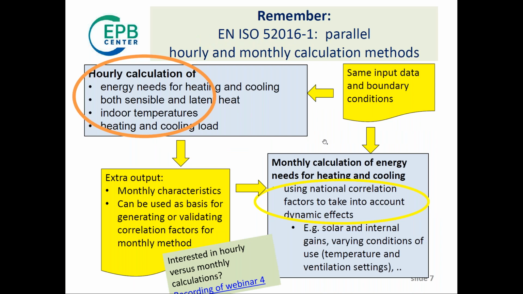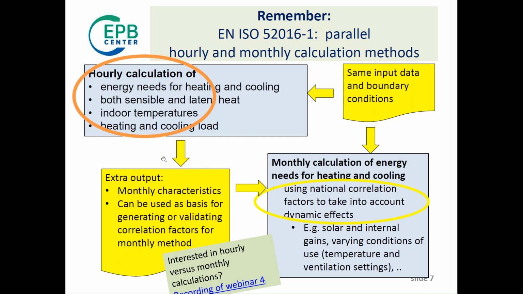So you've probably seen this slide several times before if you are participating in these webinars for some time. I just want to show it again because it is important to realize that the energy needs calculation according to this standard contains both the hourly and the monthly calculation method, and in the spreadsheet that is developed to demonstrate the calculation procedures in the standard, we have both the hourly and the monthly calculation method running in parallel with the same input data.